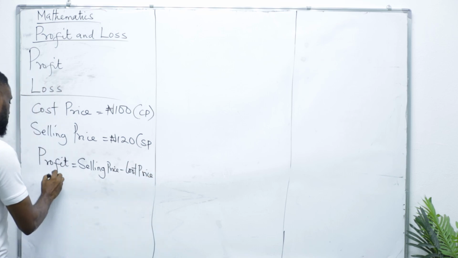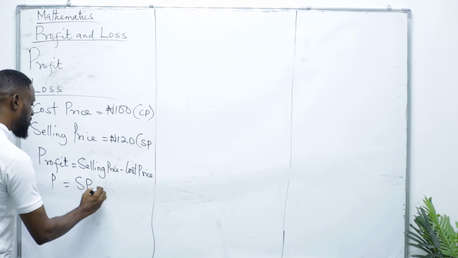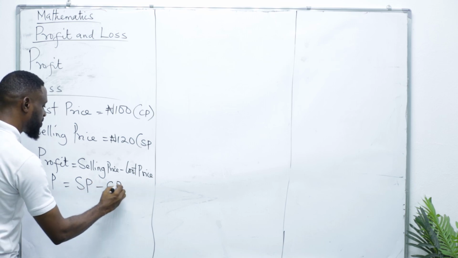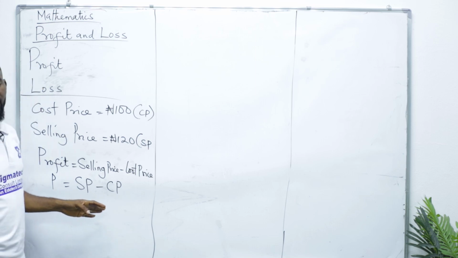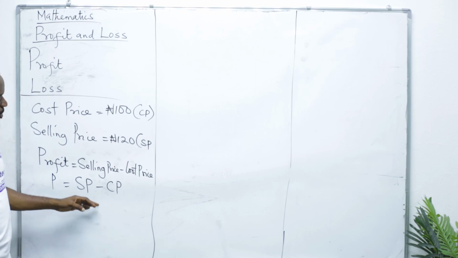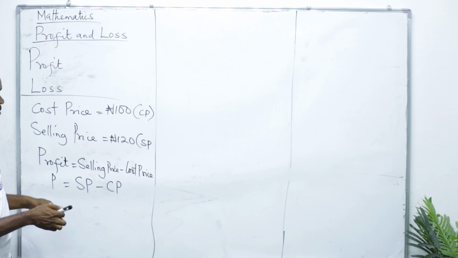That is, profit P is equal to SP minus CP. This is how we calculate the profit of an item. Do you understand the point?